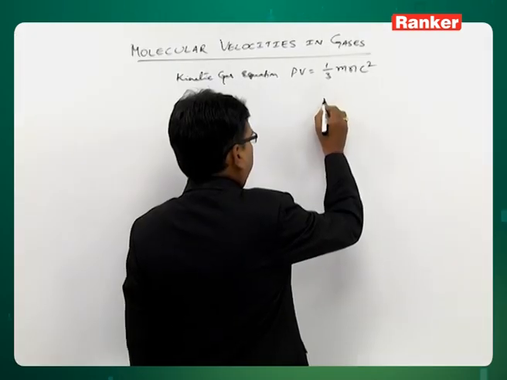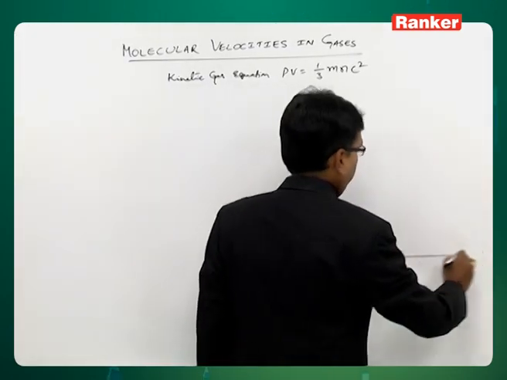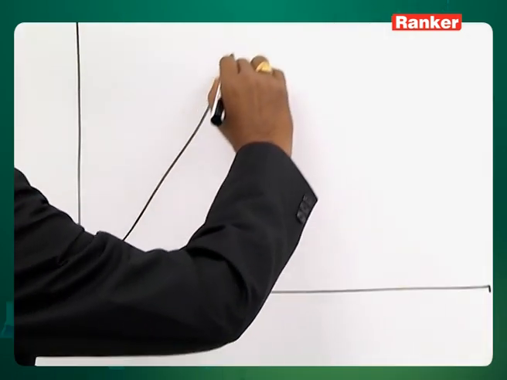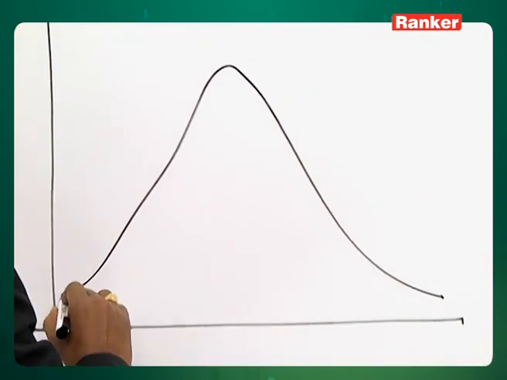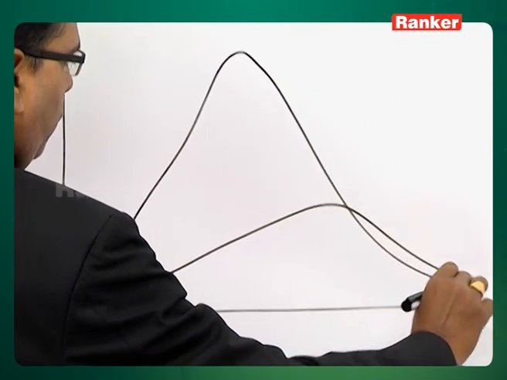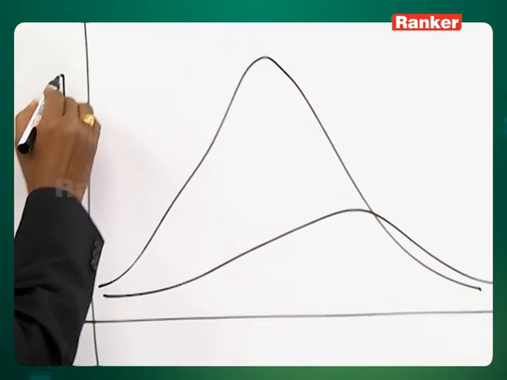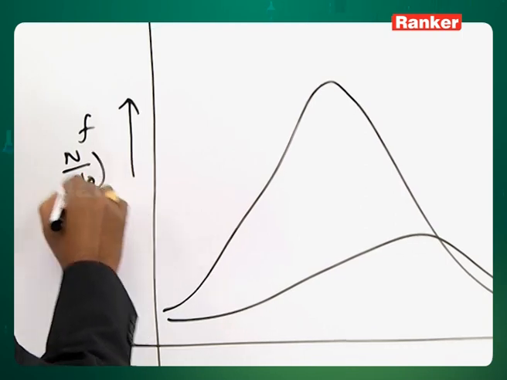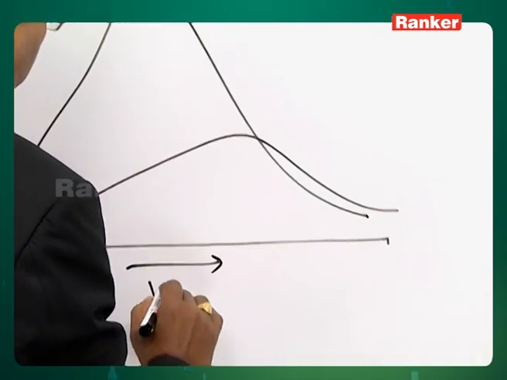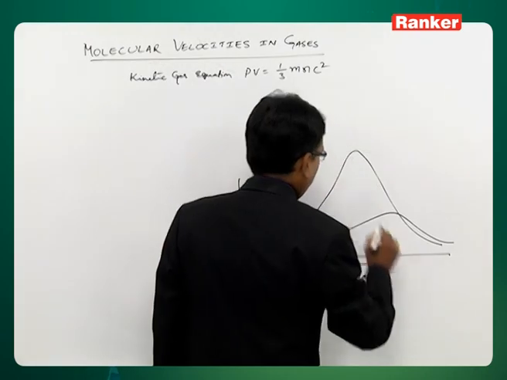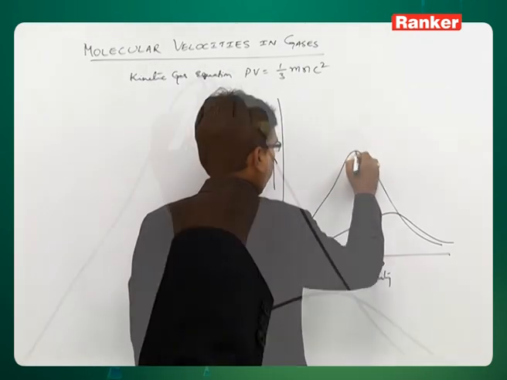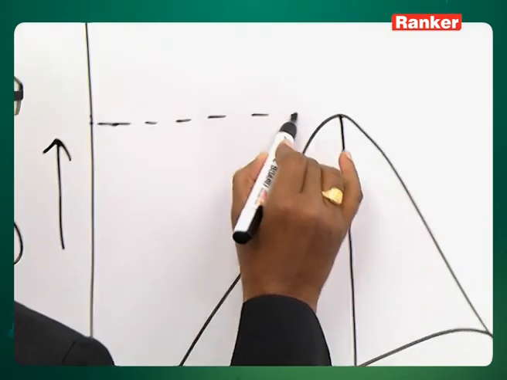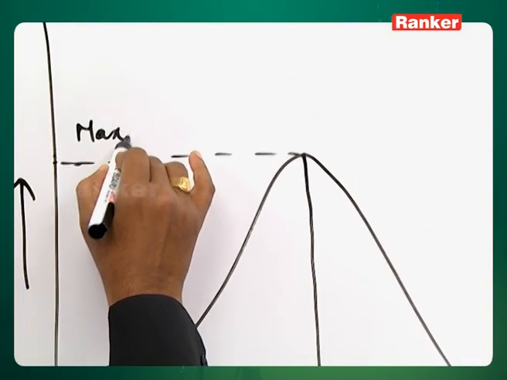So again, when we look at the graph, this is the velocity possessed by the maximum fraction.